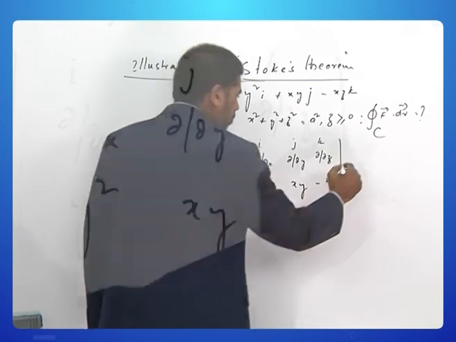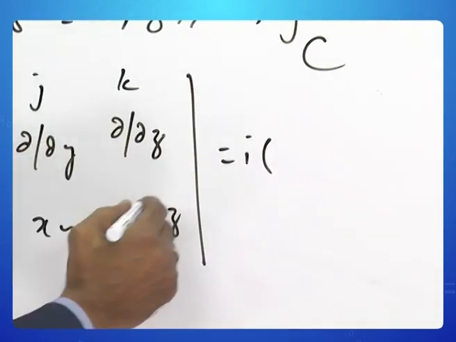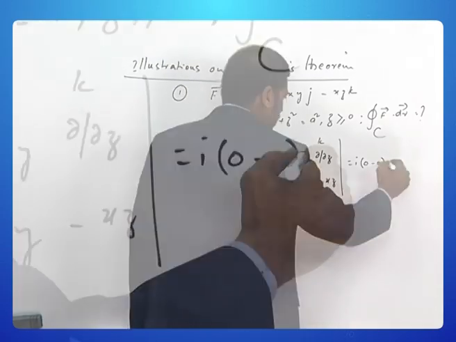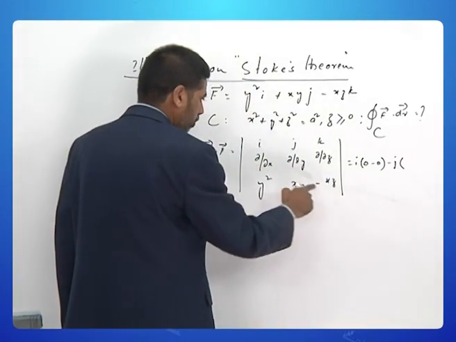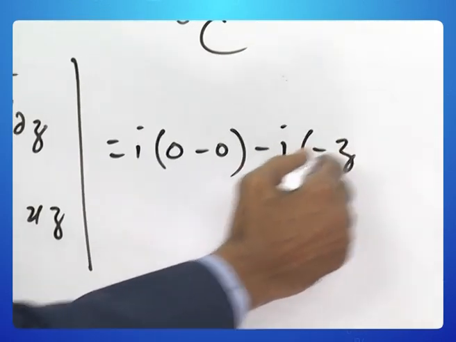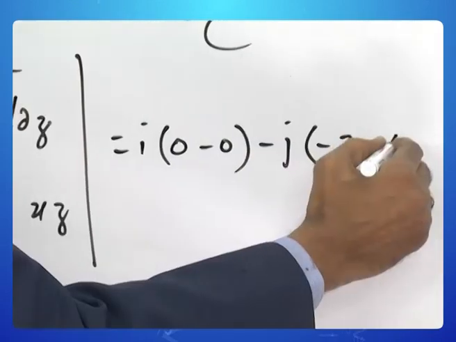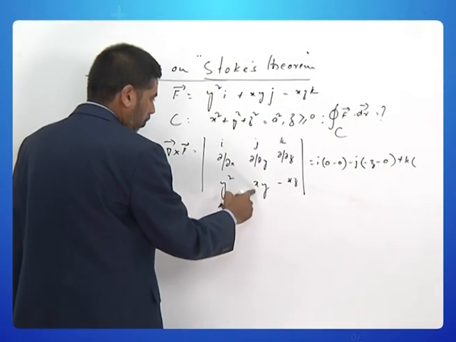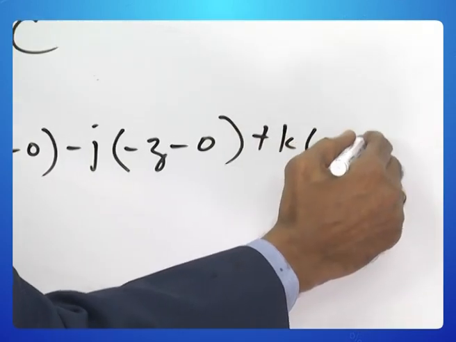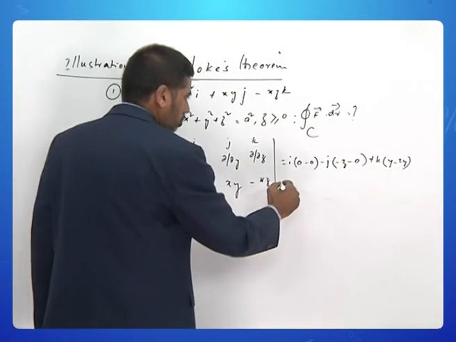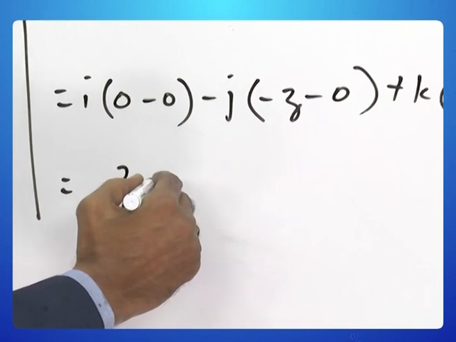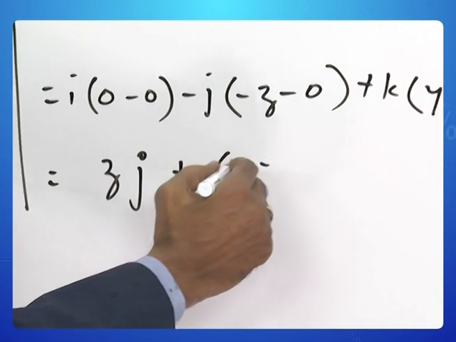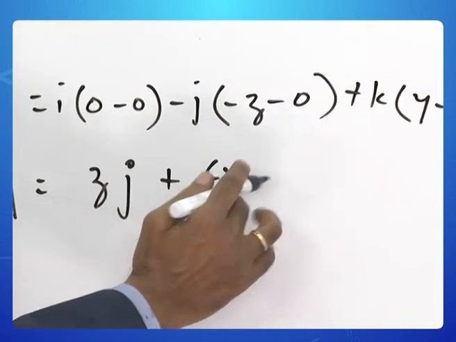So this would be i times 0 minus 0, minus j times dou by dou x of this is minus z minus 0, plus k times y minus 2y. So this would be z j plus y minus 2y is minus y k.